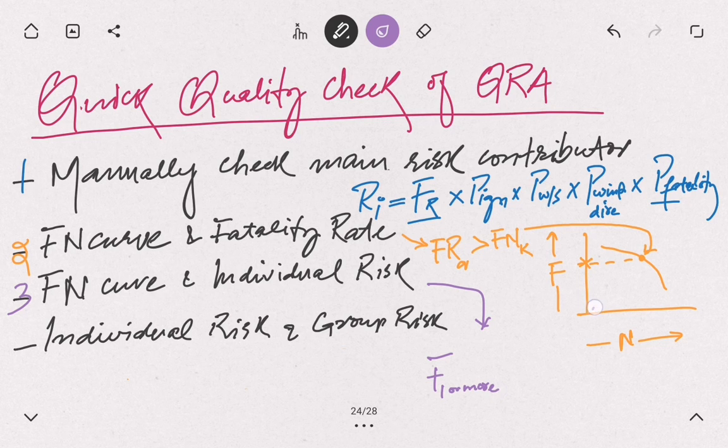For example, if this is the one fatality, you can extrapolate from this curve to get the frequency of that fatality. One or more should be greater than the individual specific risk per annum. This is another quick check.